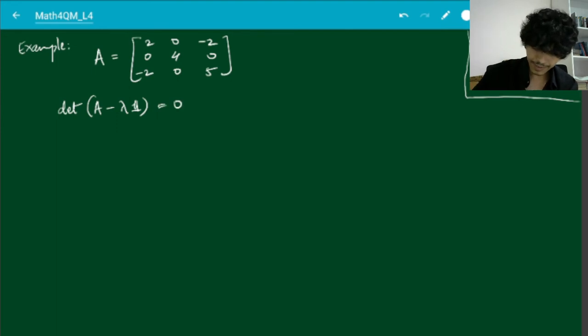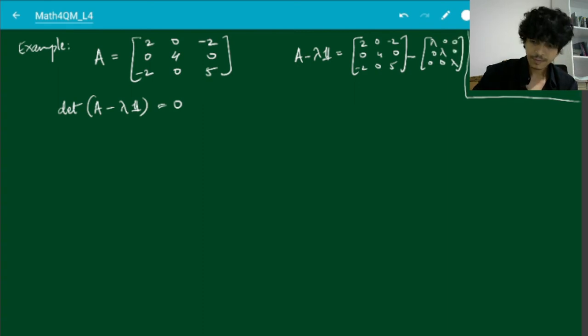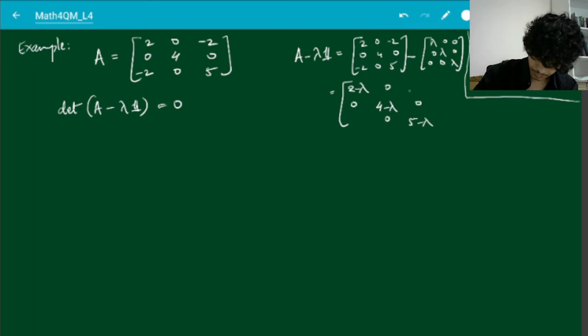What is A minus lambda identity? It is 2, 0, minus 2, 0, 4, 0, minus 2, 0, 5, minus lambda, lambda, lambda. Basically what you are doing is from all the diagonal elements you are subtracting out lambda and everything else remains the same. So take determinant of this thing and set it to 0.